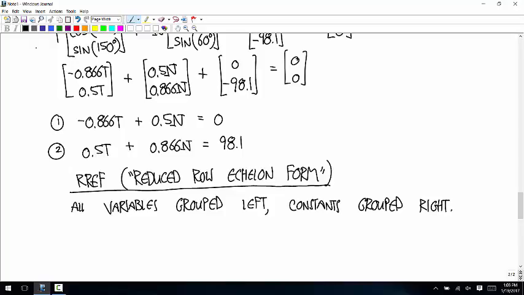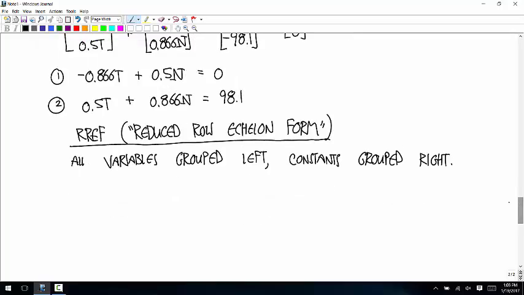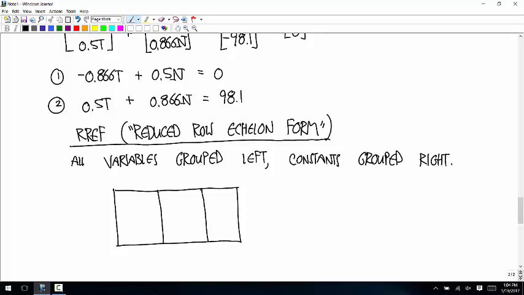If you don't do that, you get your answers all backwards. And then we're going to set up a matrix with as many rows as we have equations and as many columns as we have variables, plus another one for the constant. So in this case, we're going to have 3 columns and 2 rows.